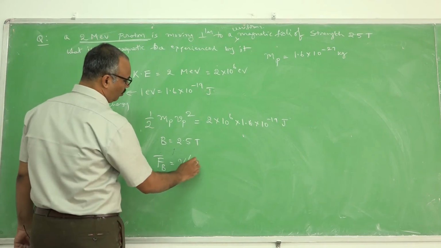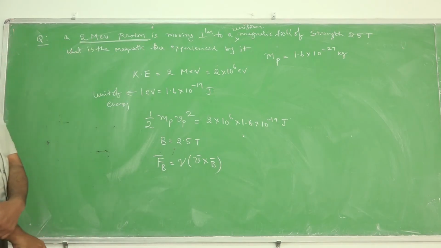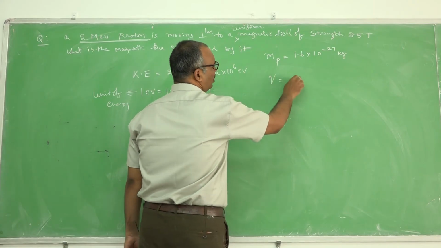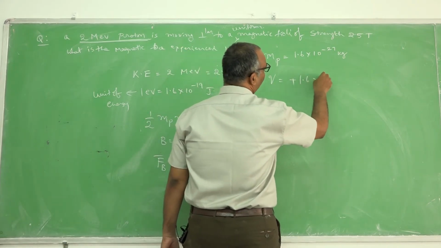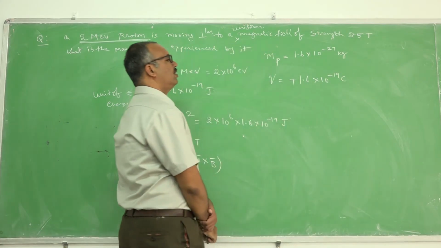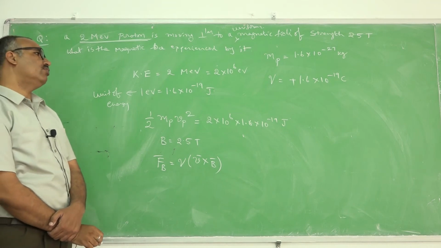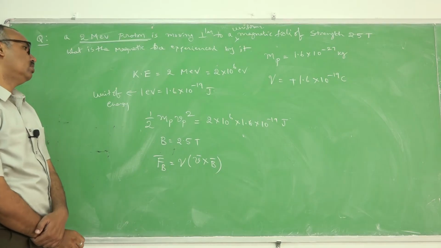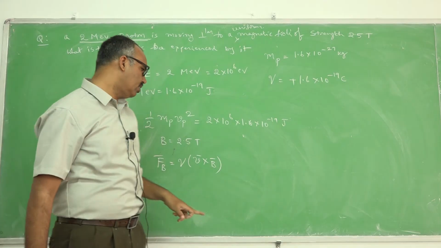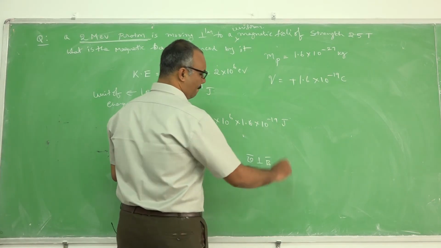which is given by Q into V bar cross B bar. You know the charge on the proton: it is a positive charge, 1.6 into 10 power minus 19 coulombs, the same magnitude as the charge on an electron. On the electron we have negative charge, on the proton positive charge. Here the proton is moving perpendicular to the uniform magnetic field, that means the velocity vector is perpendicular to B bar.